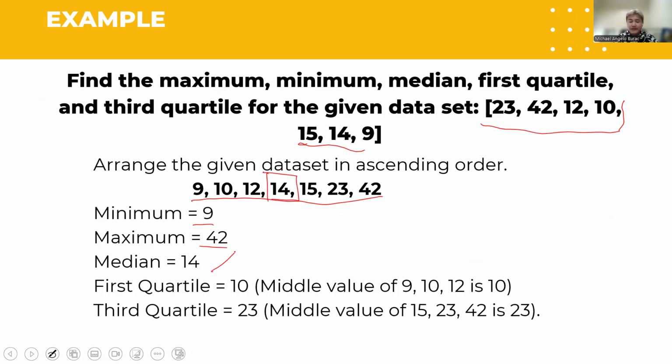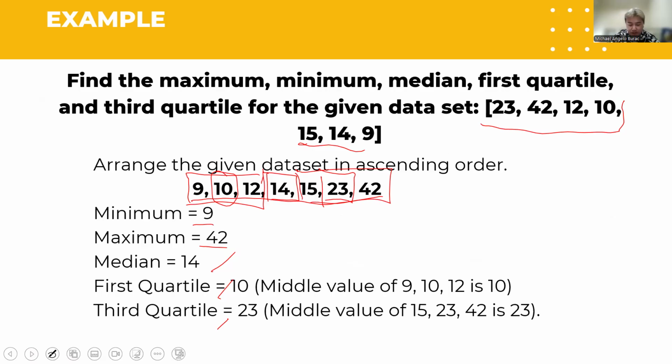The first quartile is the lower bracket of your data distribution, so you get 10 as the middle value. For the upper bracket, you have 23 as the middle value. You can now make use of these to compute possible outliers.